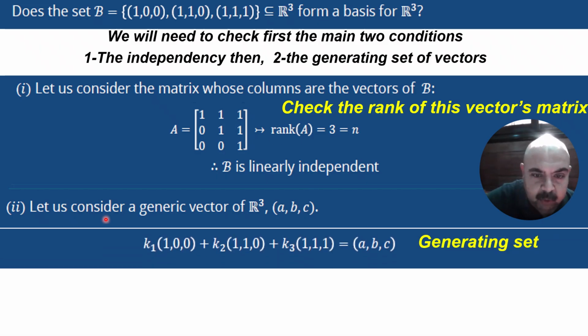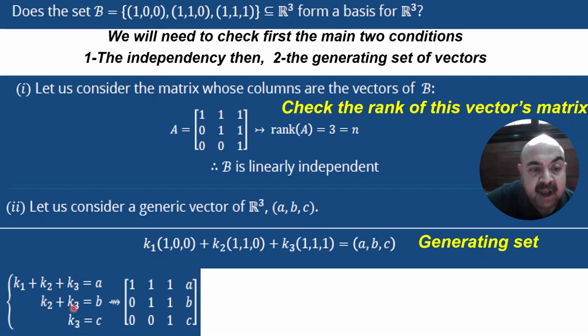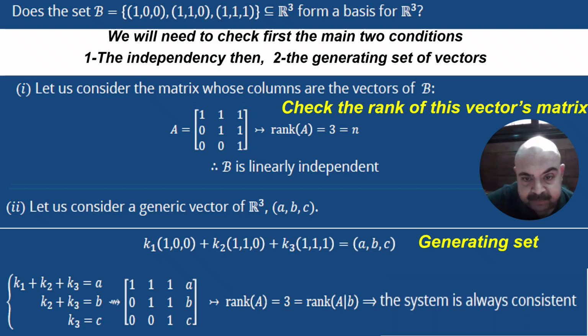So once more, let's do the generation: finding any vector (a, b, c) which can be formed from the three linearly independent vectors, K1 V1, K2 V2, K3 V3. Putting them into a matrix and trying to solve it, the only solution is a unique solution, which means I can find K1, K2, K3 which generate any vector belonging to R3, so it is a basis for R3.